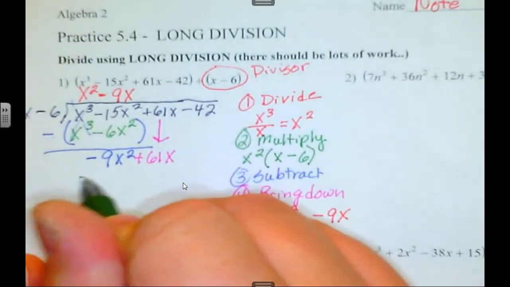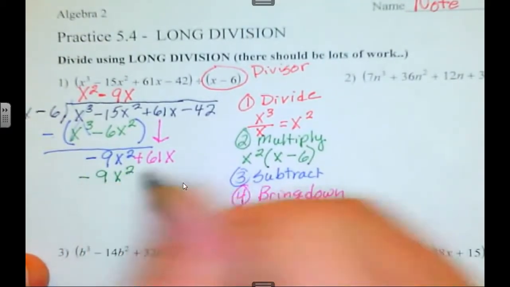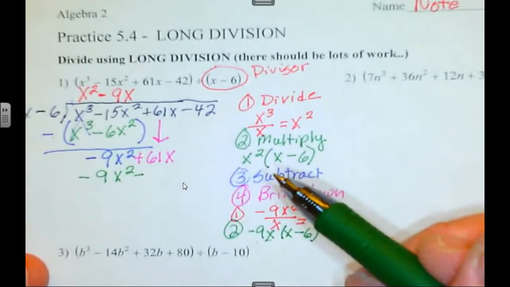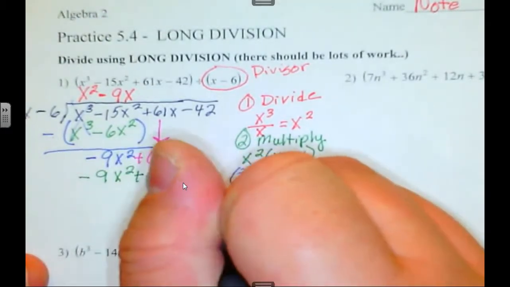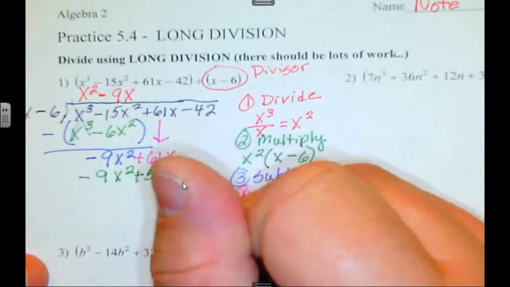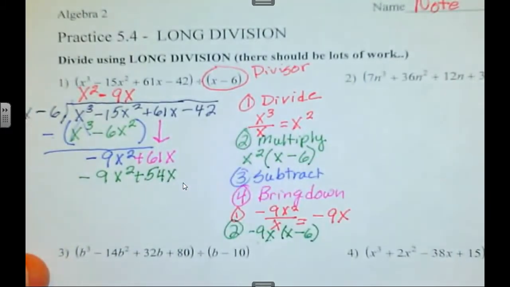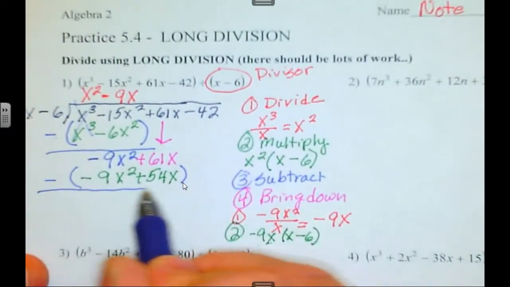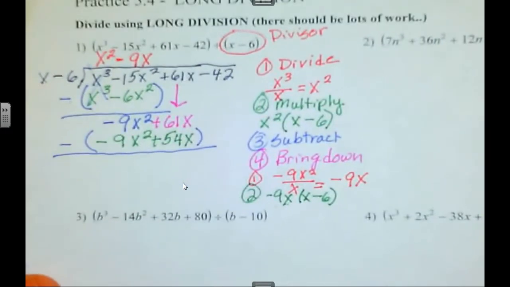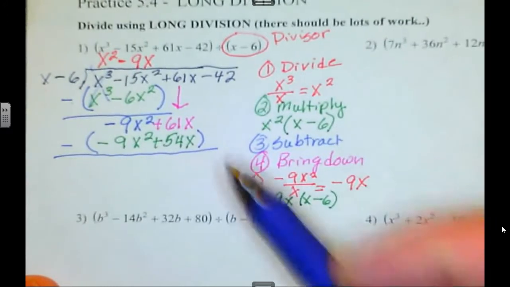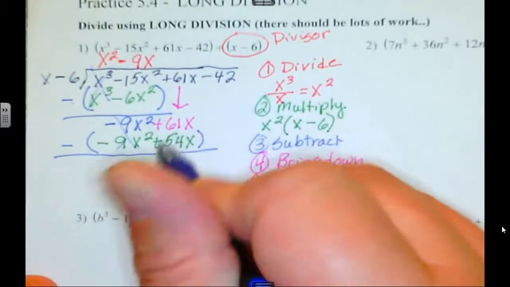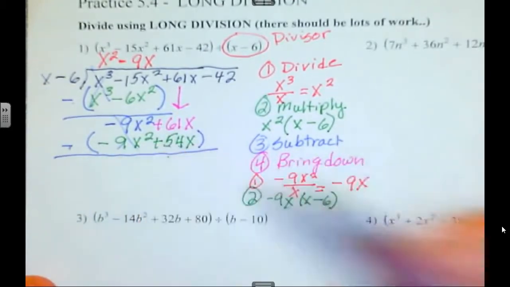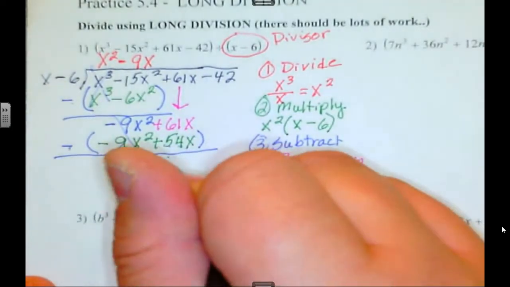So I get negative 9x squared. Negative 9x times negative 6 is a plus 54x. Step 3, subtract this quantity. You get 61 minus 54, which is 7x.